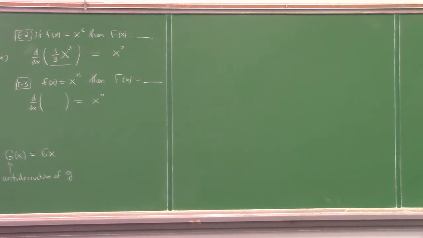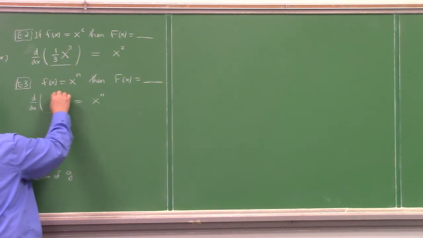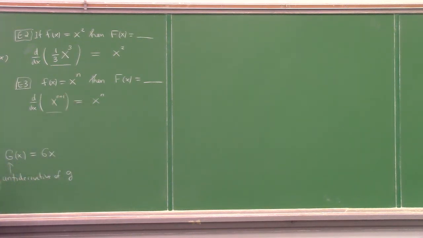What should we put here? So x to the n plus 1, right? Because when I differentiate x to the n plus 1, I get n plus 1 times x to the n plus 1 minus 1.